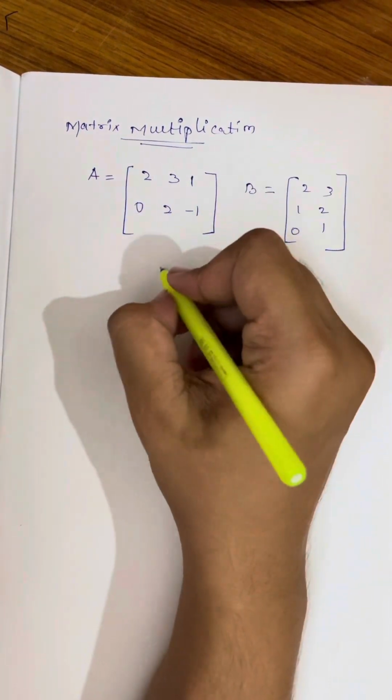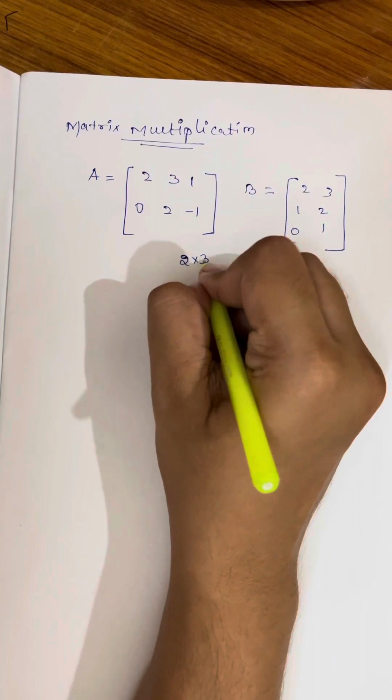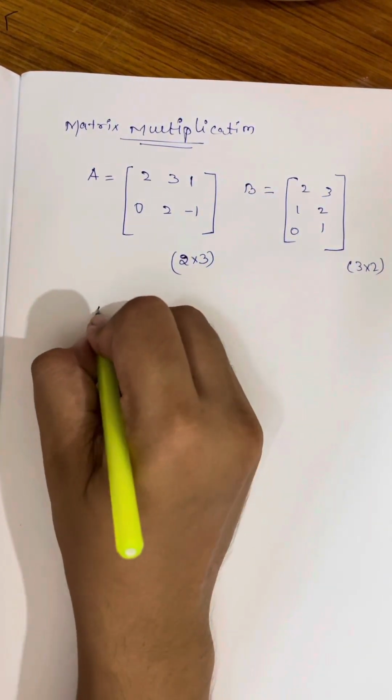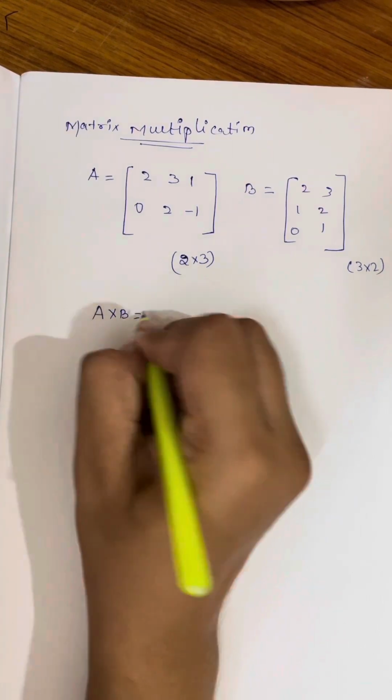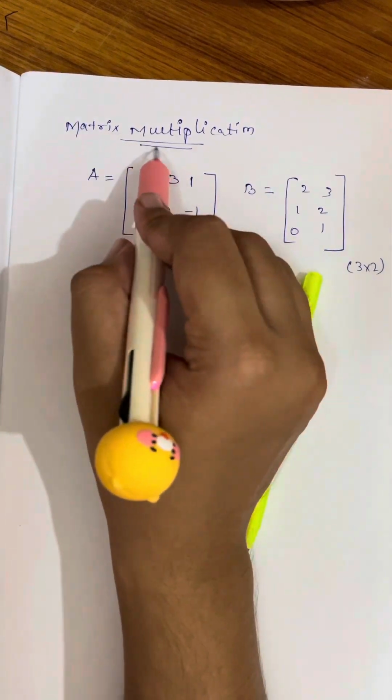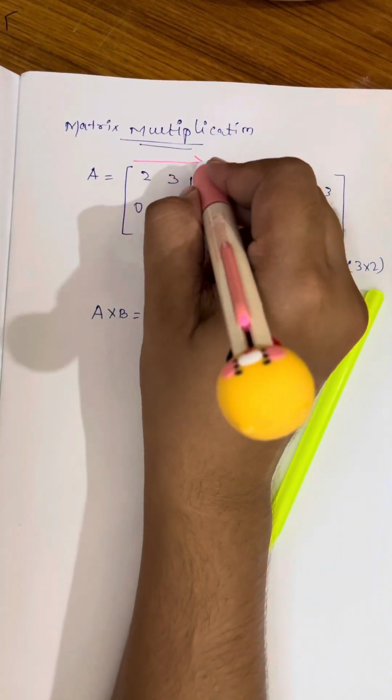So here how many rows and how many columns? 2 cross 3 and here it is 3 cross 2, correct? So now I have to multiply this one, A cross B I have to do.